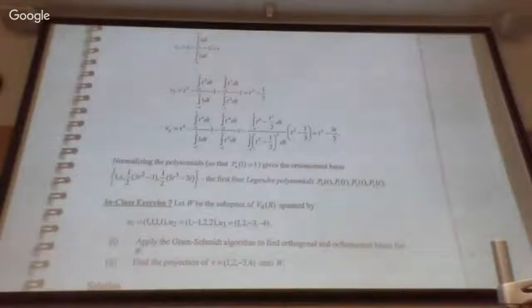So let's see an example of this being applied. We'll take this first example.